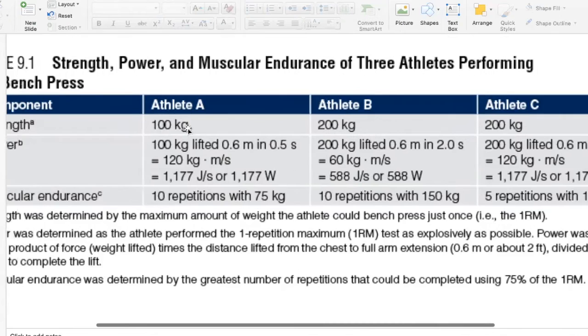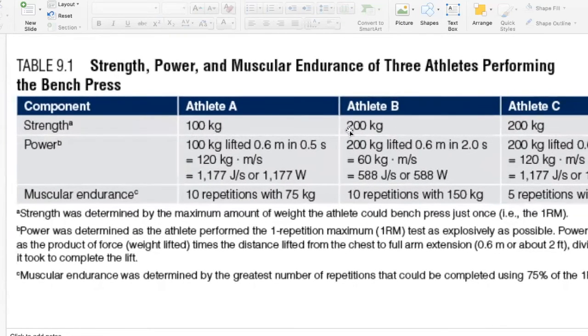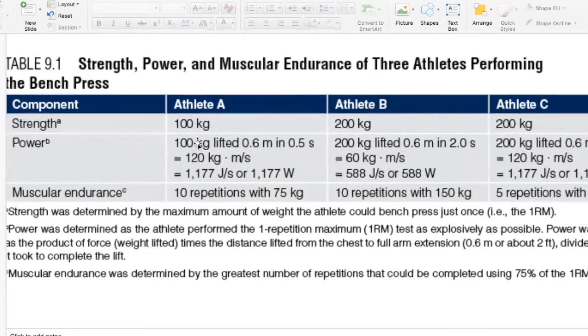So this individual is not lifting as much weight as athlete B, but they're lifting that weight over the same distance, 0.6 meters. They're lifting 100 kilograms in 0.5 seconds, whereas athlete B is lifting 200 kilograms, twice as much strength, but over the course of 2 seconds.